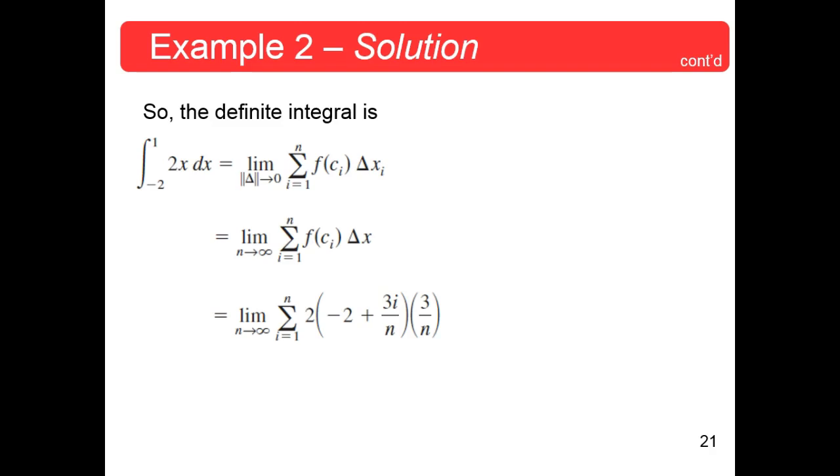So it's minus 12 over n plus 9i over n. So how did it get a 6?